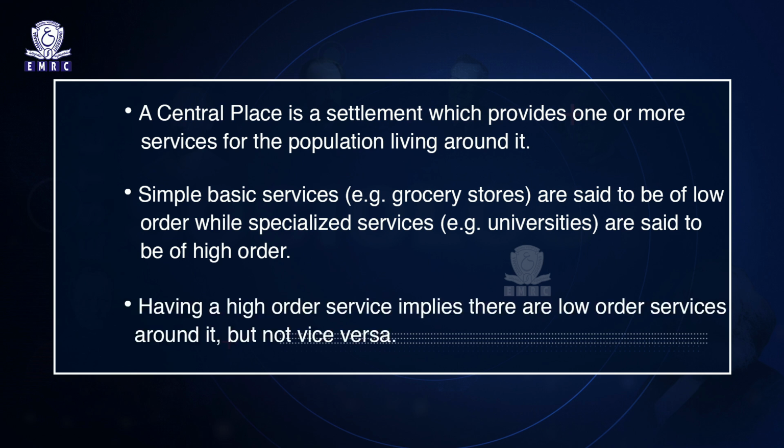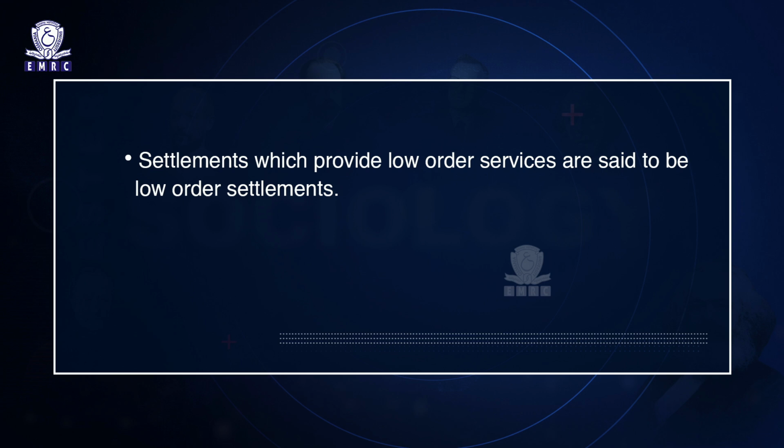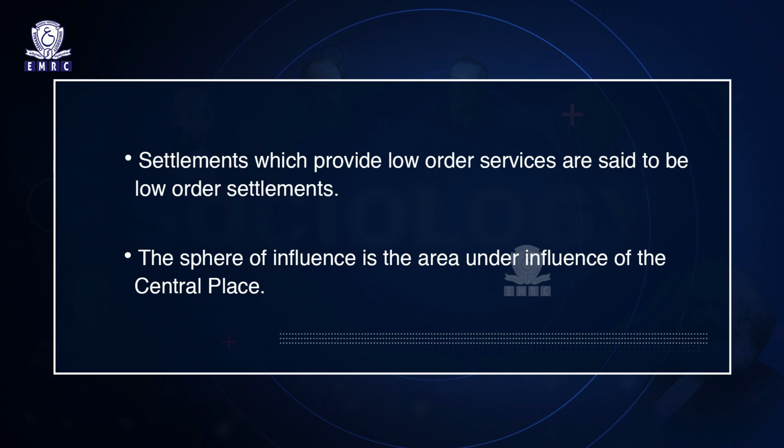Having a high order service implies there are low order services around it, but not vice versa. Settlements which provide low order services are said to be low order settlements. Settlements that provide high order services are said to be high order settlements. The sphere of influence is the area under influence of the central place.